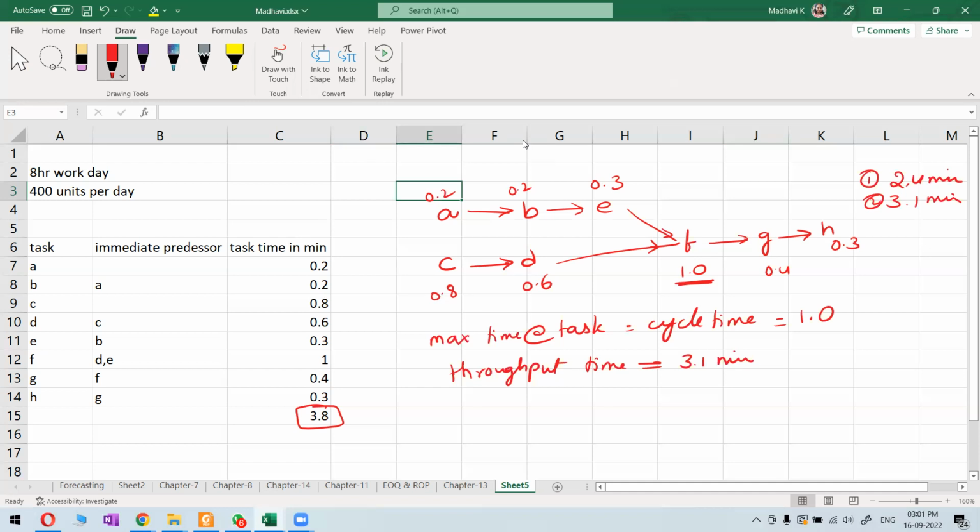So to reiterate, in 3.1 minutes the very first product comes out of that line, followed by that, every 1 minute a new product comes out. So 1 minute is the cycle time, 3.1 minutes is the throughput time, and the total time taken is 3.8 minutes.